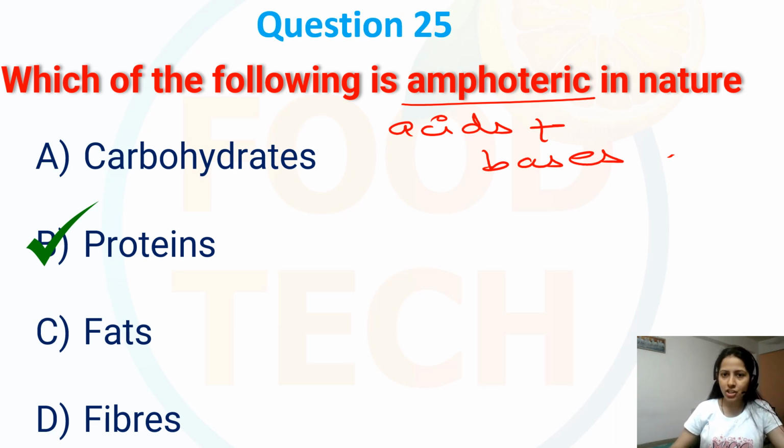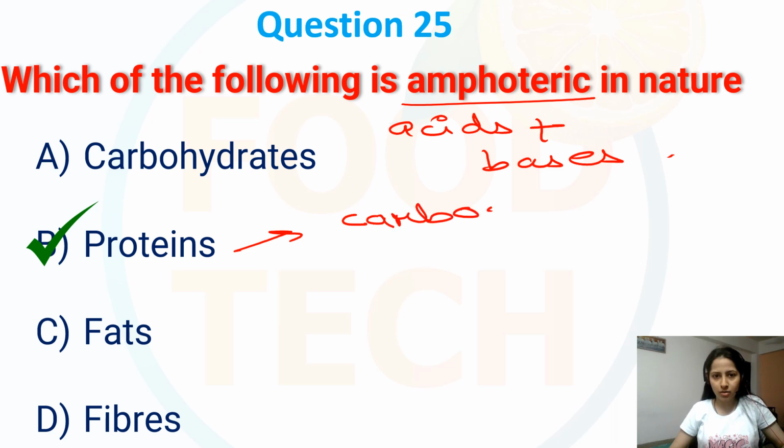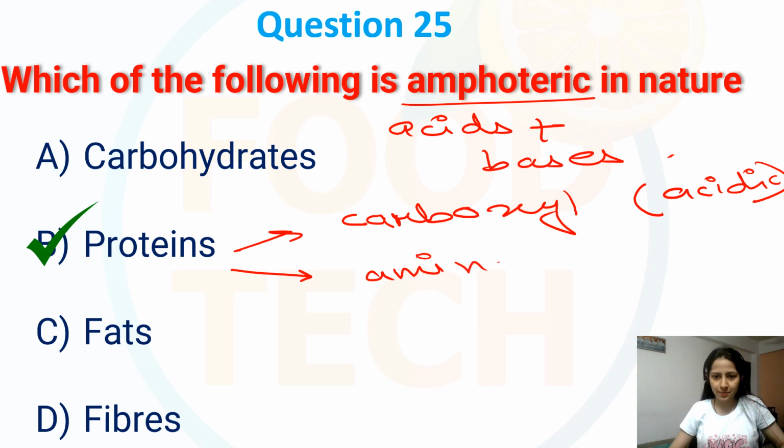So protein contains the carboxyl group, that is acidic, and it also contains the amine group, that is basic.